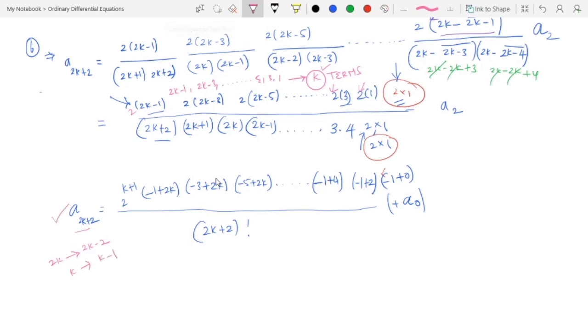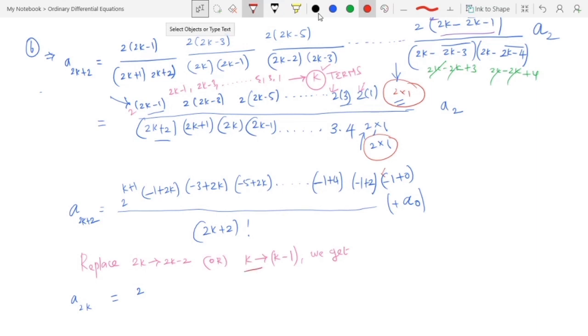We get a suffix 2k. Now the above value becomes a suffix 2k replaced by 2k minus 2, again plus 2, that is 2k. That is equal to 2 power k plus 1 with k replaced by k minus 1. That means k minus 1 instead of k plus 1, that is equal to k. That's 2 power k, minus 1 plus 2k, that is minus 1 plus 2k minus 2, that is minus 3.